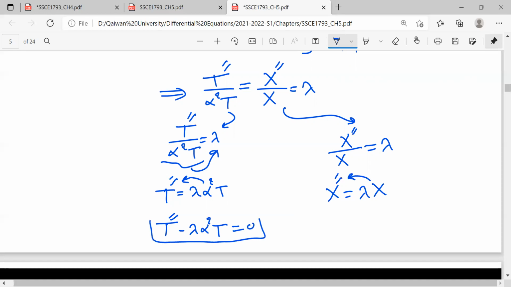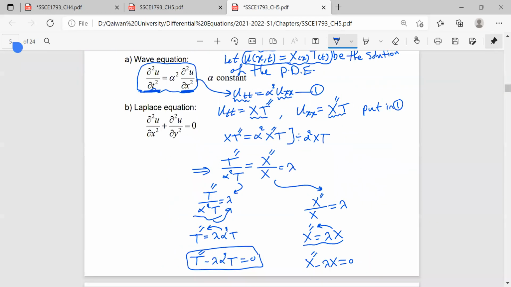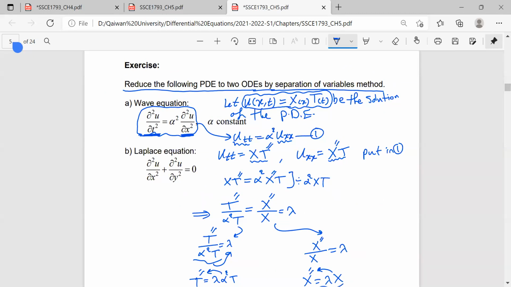This is an ordinary differential equation, a second order ordinary differential equation. And also for this one, we get x double prime minus lambda x equals 0. It's also a second order ordinary differential equation. So that's how to use the separation of variables for reducing a partial differential equation to two ordinary differential equations.